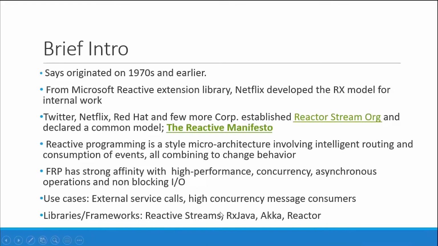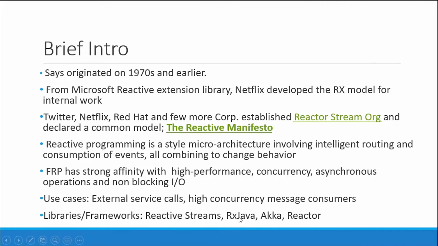When we're talking about libraries, they are Reactive Streams, RxJava, the Akka framework, and Reactor. Reactive Streams is like the first generation. Here we have defined basic models for reactive programming like publisher and subscriber. Then we have RxJava, developed by Netflix. First it was called Netflix RxJava, then they renamed it Reactive RxJava.